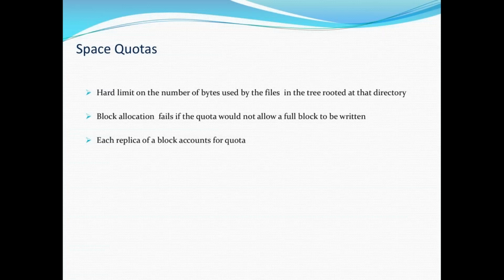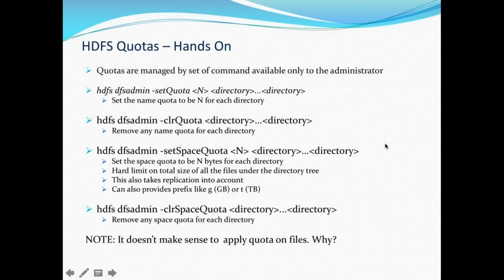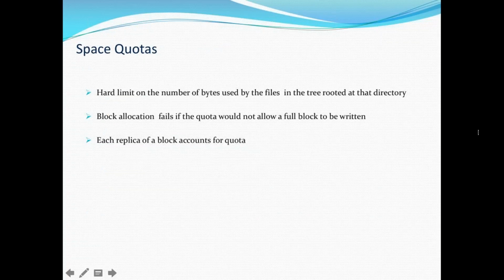Now let us talk about the space quotas. As I've explained to you, it's a hard limit on the number of bytes used by the files in the tree rooted at the directory.